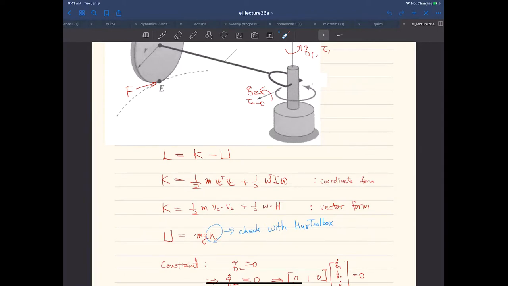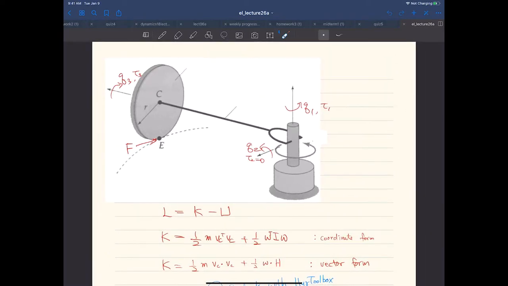Maybe the one that's shown in the lecture note on screen is about what I require, or a little bit more complicated, but maybe a gyroscope is a good example. So 3 or 4 generalized coordinates are about what I want.